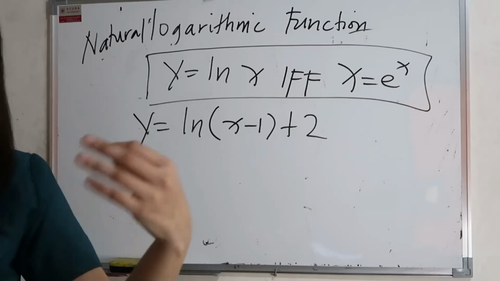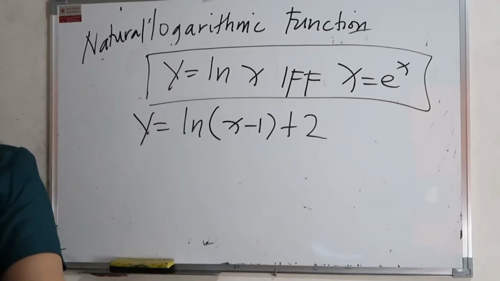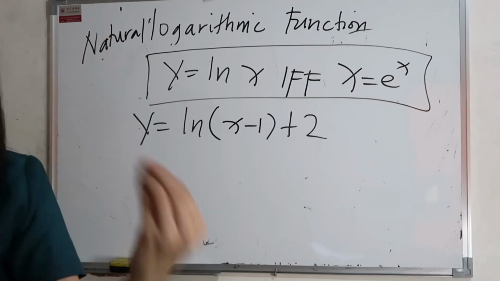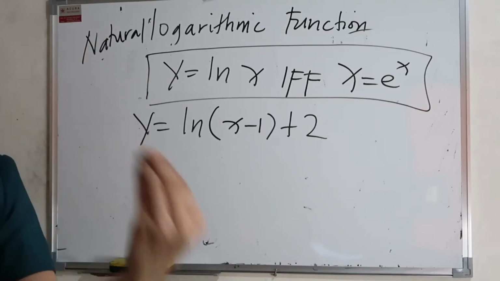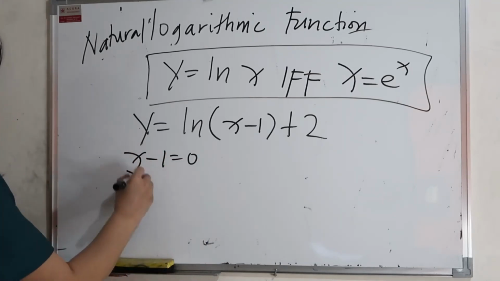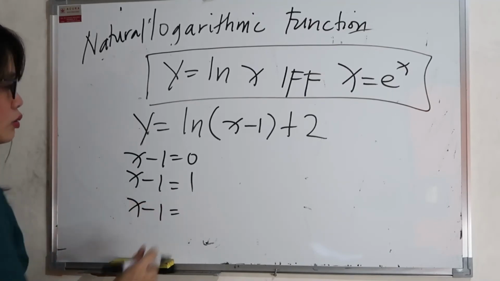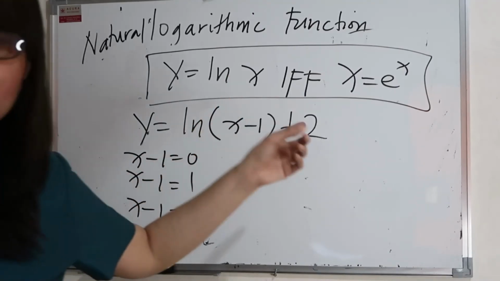We need to equate x minus 1 to 3 numbers. The first one is 0, the second one is 1, and the third is the base. So we have x minus 1 equals 0, x minus 1 equals 1, and x minus 1 equals the base of your natural log.